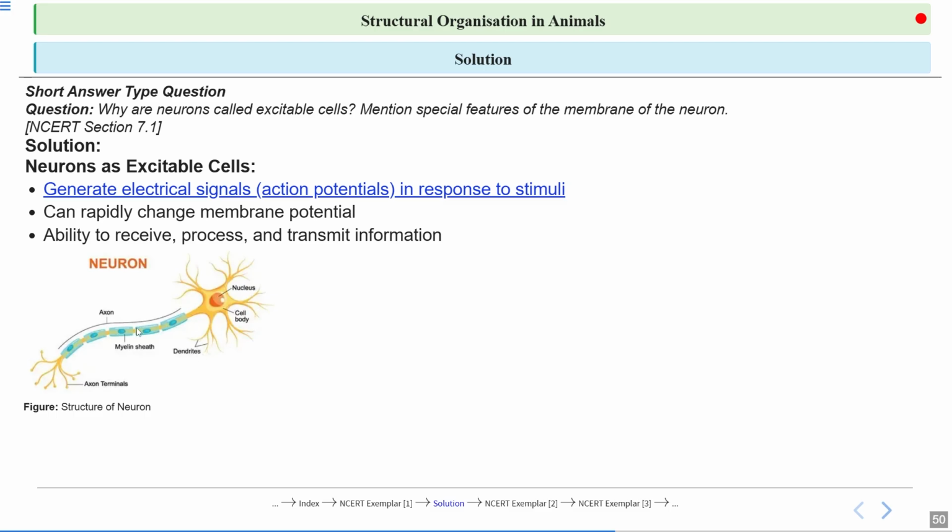And one of the dendrites extends more, and that is called the axon. And on this axon part, you can see fat-like cells present in the form of a sheath-like covering that is called the myelin sheath. This is the myelinated part, that is a type of fat. And you can see at the end there are axon terminals.